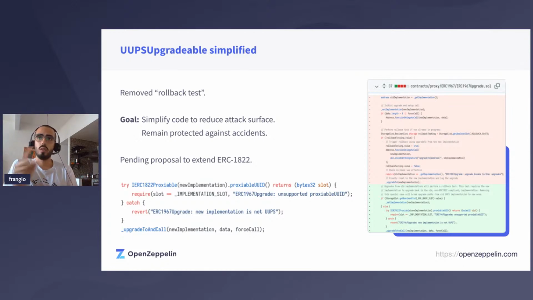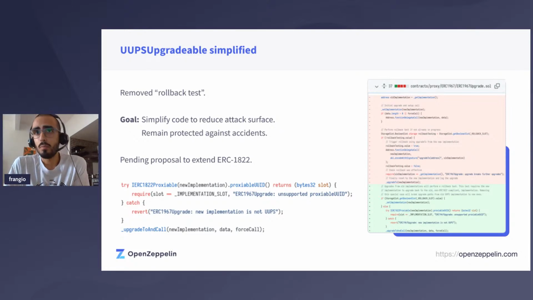And so what I'm showing here on the right part of the screen is the diff, which shows that a bunch of lines were removed, and fewer lines were added. So we see this as a really positive thing: removing the complexity that the previous mechanism was adding and having something simpler in its place that still protects against accidents, which was the goal all along, right?